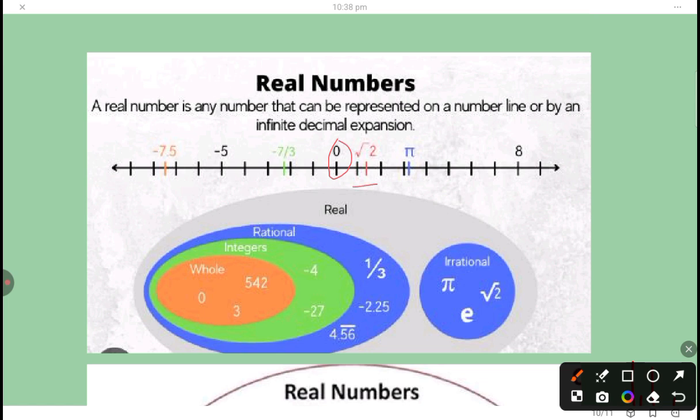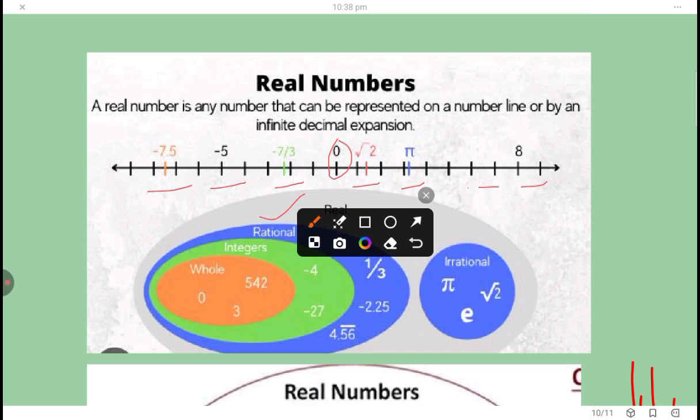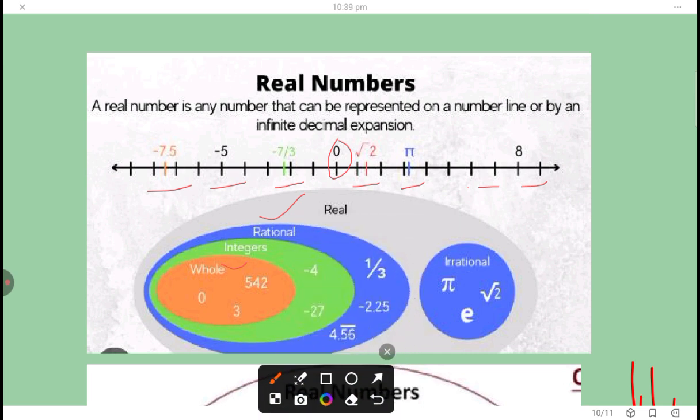We place root 2, then pi, some digits, 8, here minus 7 by 3, minus 5. So real numbers include rational numbers, integers, whole numbers, irrational numbers, everything. It is the union of rational numbers and irrational numbers.